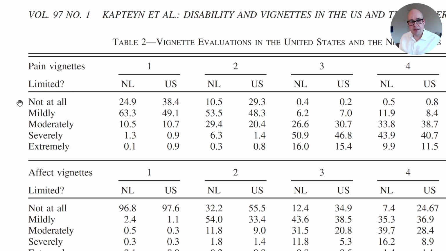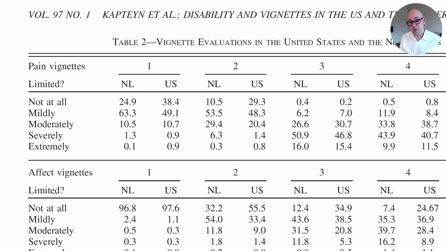And then people can say not at all, mildly, moderately, severely, extremely. And then what you see here is that in the US, the not at all answer is more common than in the Netherlands, even though the exact same person has been described.